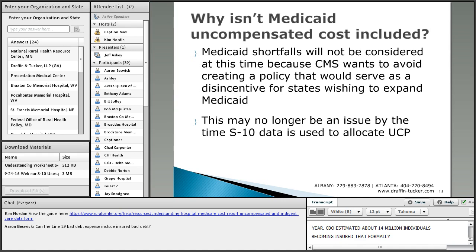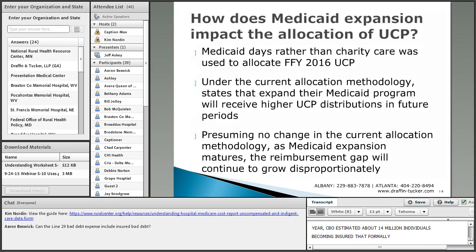CMS will be using, again, that SSI and Medicaid days until the S-10 data is felt to be reliable enough to start using. And what they're using does appear to result in a more logical distribution or redistribution of the money available. Unfortunately, it's just being applied to a reduced amount, and it's happening now. I guess now is better than never, but it would have been nice if it would have been happening long before now.